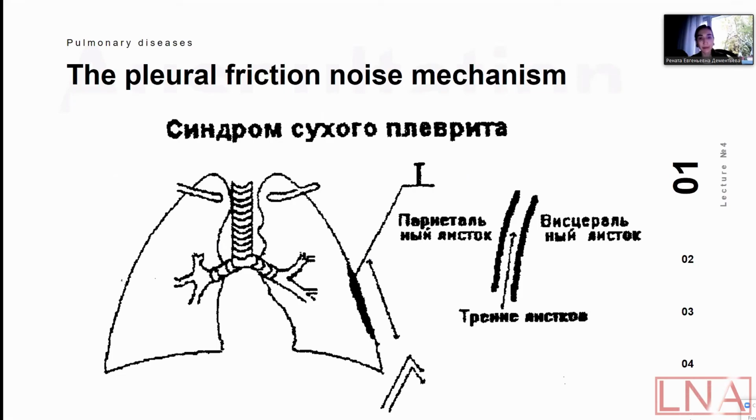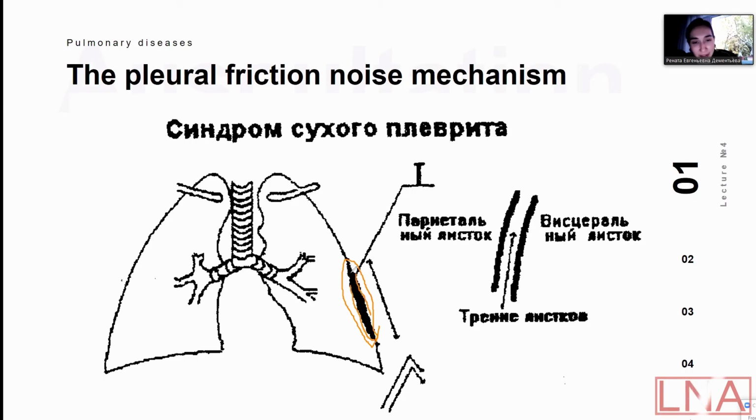And look, pay no attention to the Russian words. Look, the place of formation of the pleural friction rub is between the two pleural sheets, parietal and visceral sheets, exactly there, after different types of inflammation, or in case of dehydration, when there is no normal elasticity and no normal structure of the sheets.